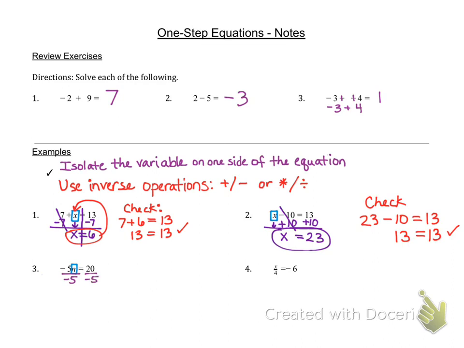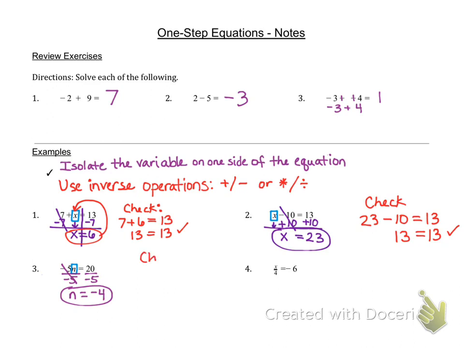Now negative 5 divided by a negative 5 is a positive 1. So those cancel, and I'm left with n is equal to 20 divided by a negative 5, which is a negative 4. Now let's check our answer.